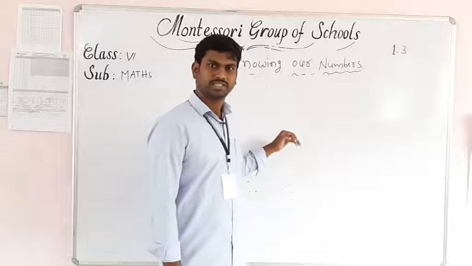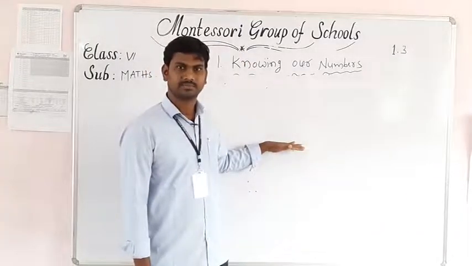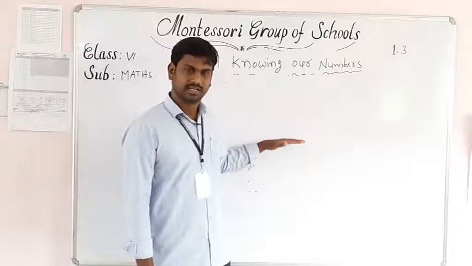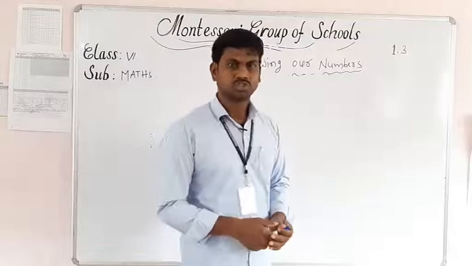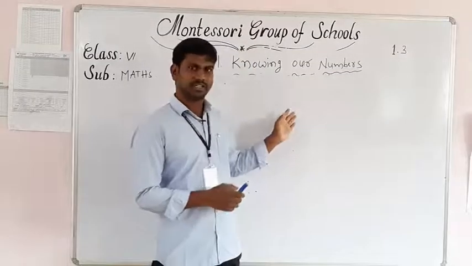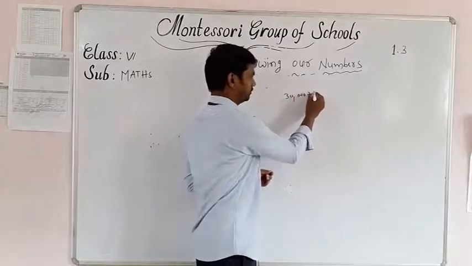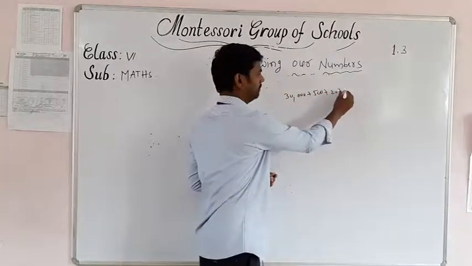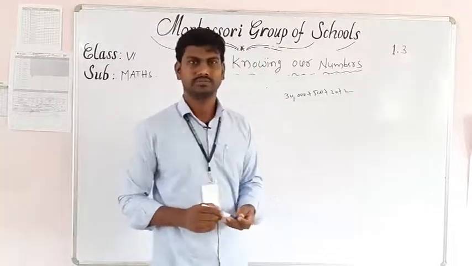Next, rounding of numbers: nearest tens, nearest hundreds, nearest thousands. And writing numbers in short form. They give numbers like 30,000 plus 500 plus 20 plus 2. Writing the short form means we have to add.